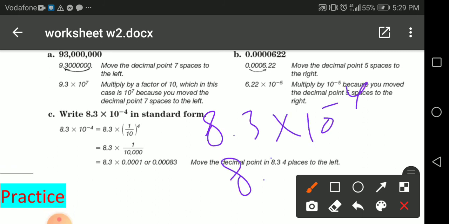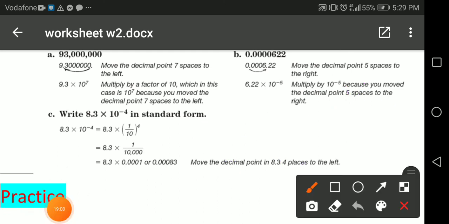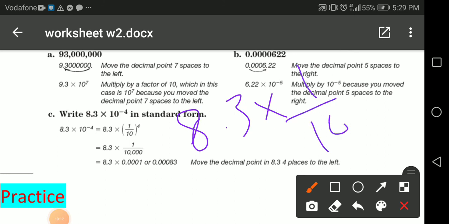So 8.3 multiplied by 1 over 10 to the power 4. Again, please. So it's 8.3 multiplied by 1 over 10, all to the power 4. I can write it here or write it outside, as you see.